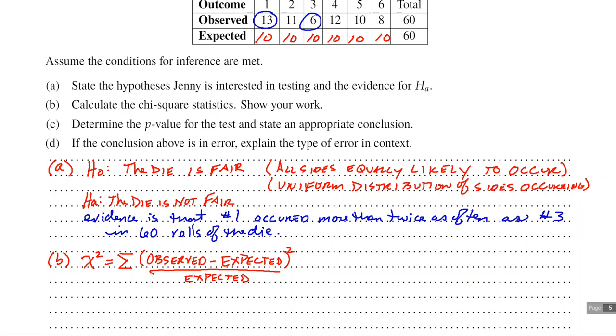The summation would be, we just need to show the first few, 13 minus 10 squared all over 10, plus dot, dot, dot, and then plus 8 minus 10 squared all over 10. We're going to let our calculator do the rest of this work for us, but we'll get to that in a moment.